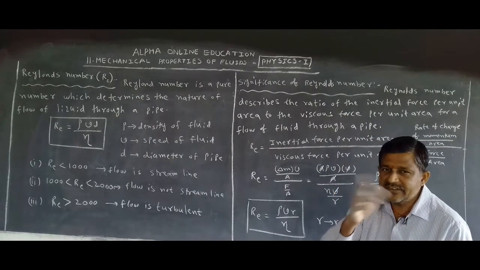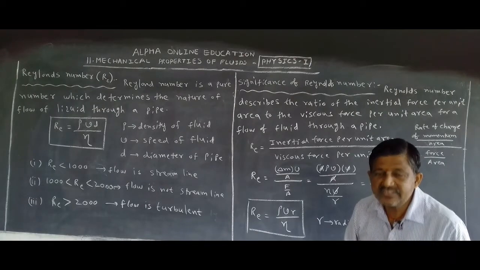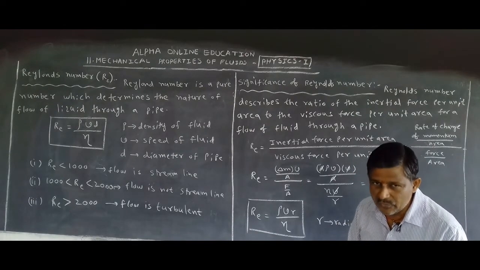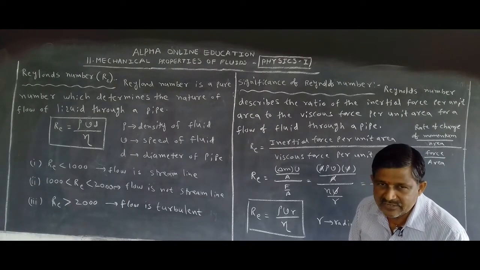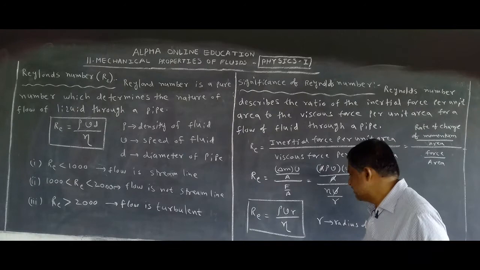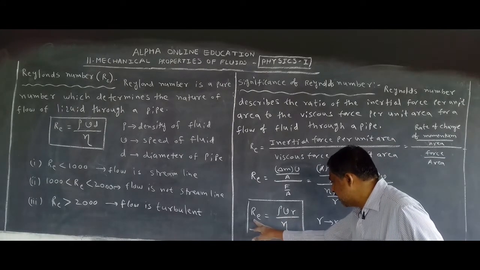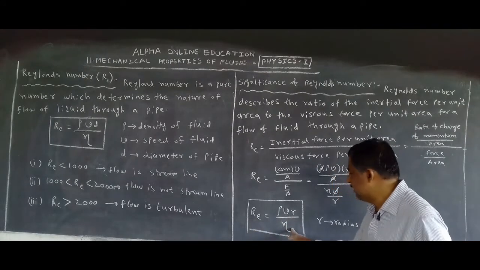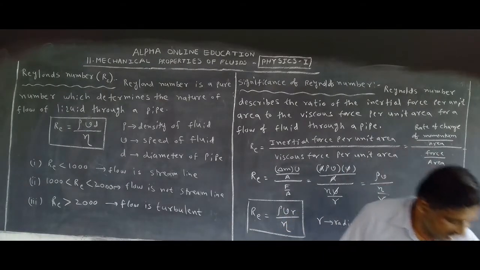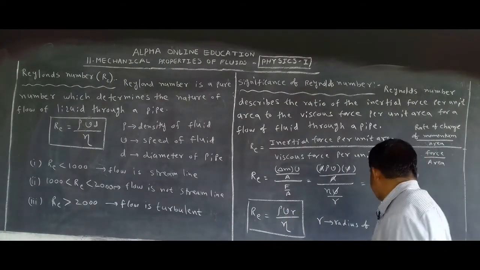Critical velocity we have already studied. At which velocity the steady flow is converted into non-steady flow, the streamline flow is converted into non-streamline flow, is called critical velocity. What is the critical velocity equation? Reynolds number is multiplied by eta divided by density rho and r. So we can get the equation for critical velocity.